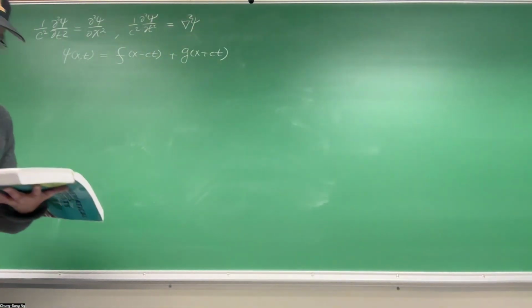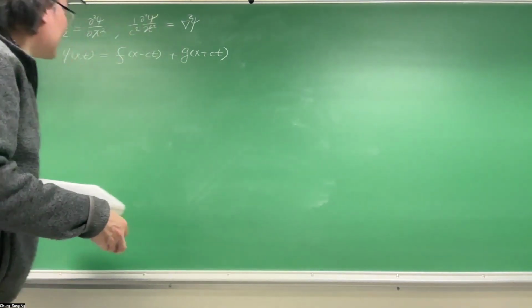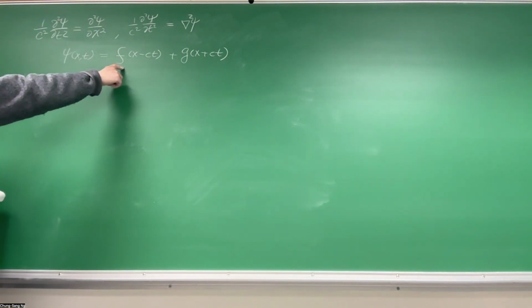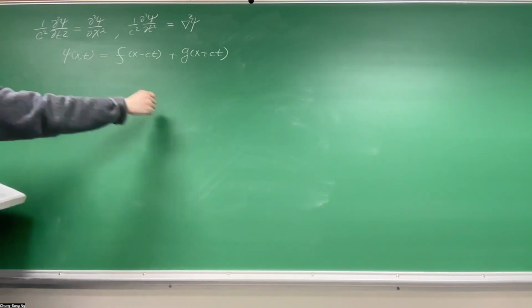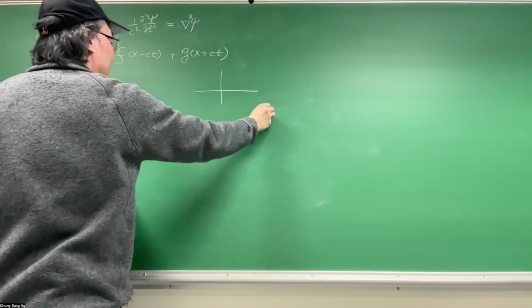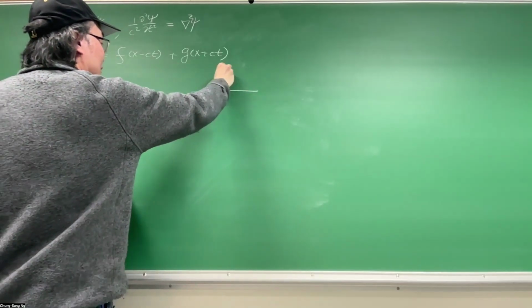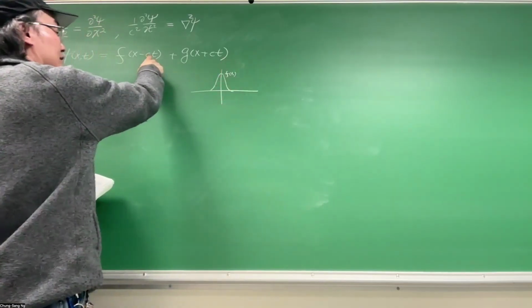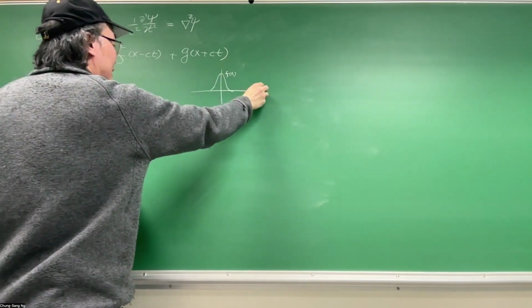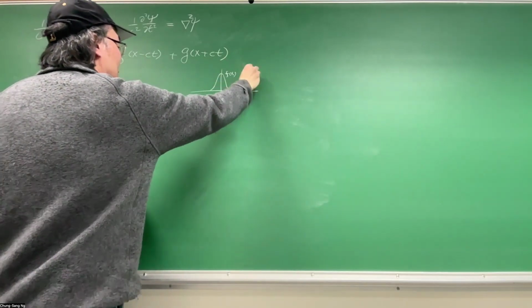So quite straightforward, right? Obviously the property is that whatever this functional form is, this one will propagate to the right. The initial f(x) is like that at t equals 0, and at a later, positive time t, you go to here.